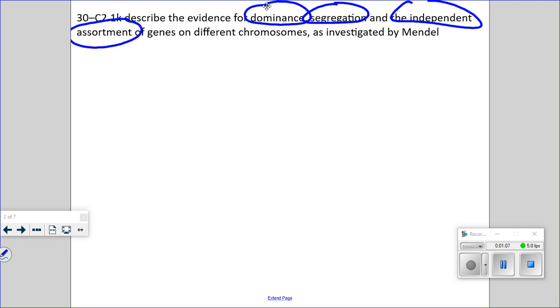So you'll find all of those things in lesson 1, where we talked about Mendel very specifically. You'll also find a little bit of this in lesson 2, because of course we didn't talk about independent assortment until we considered 2 genes at the same time. So most of this is in lesson 1, a little bit in lesson 2.